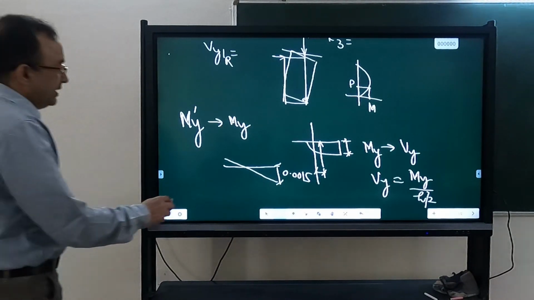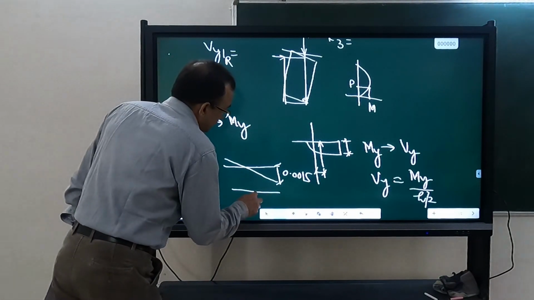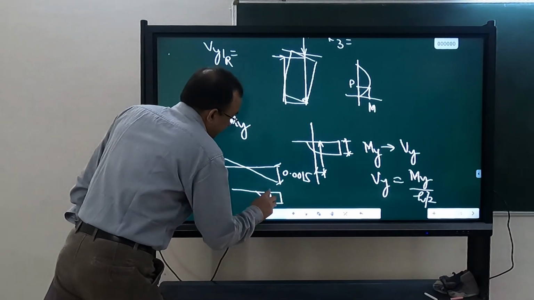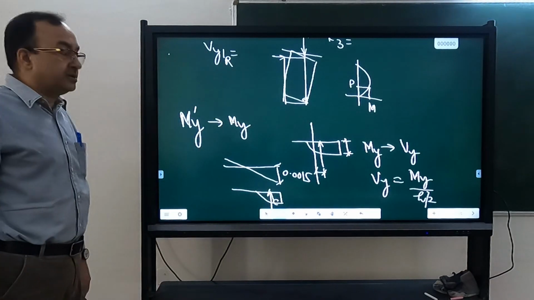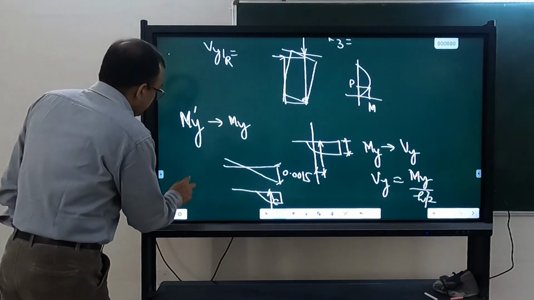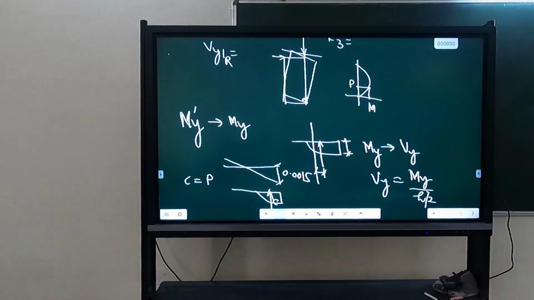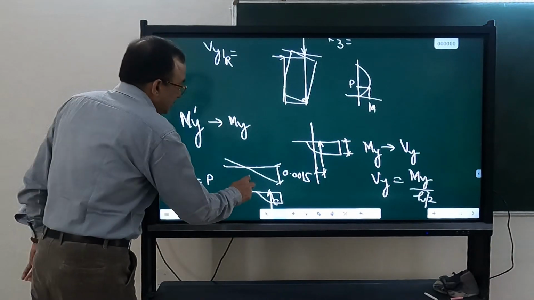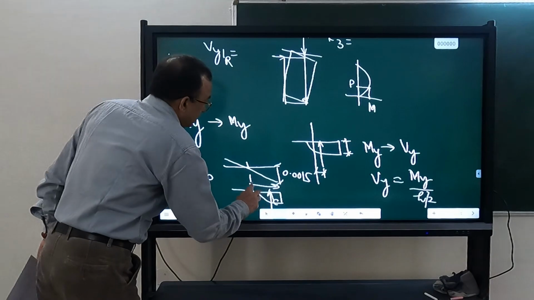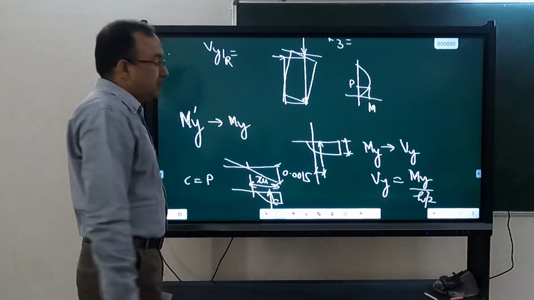Okay, so you will get the stress diagram. This C you have to calculate, and this C you have to equate to the vertical load P, because there is no tension force in case of masonry. That will give you this depth of neutral axis.